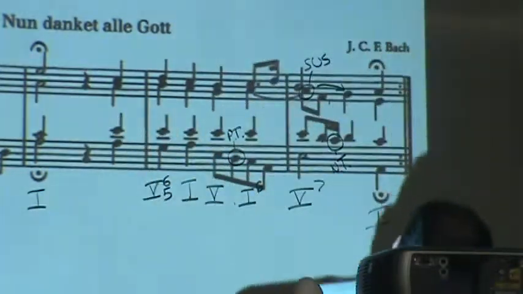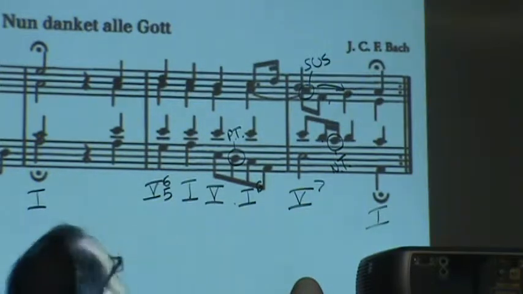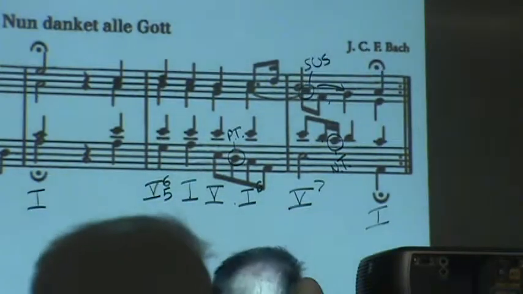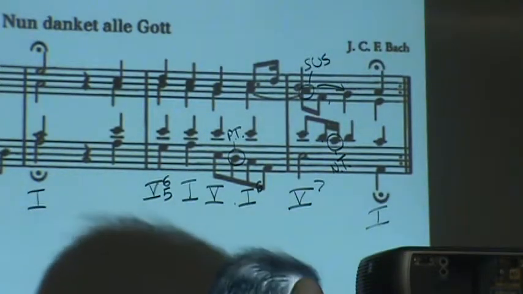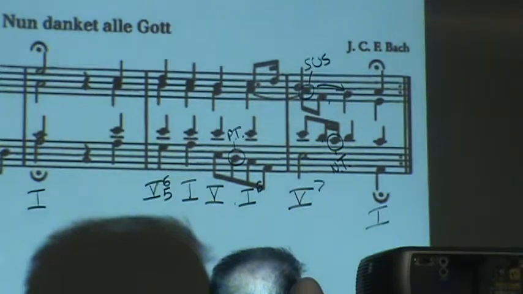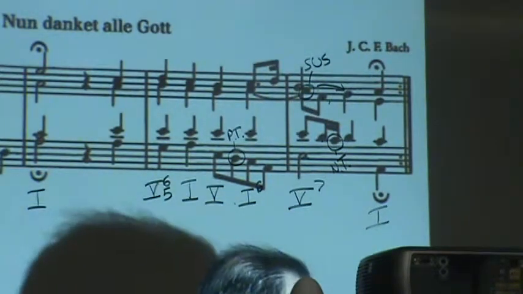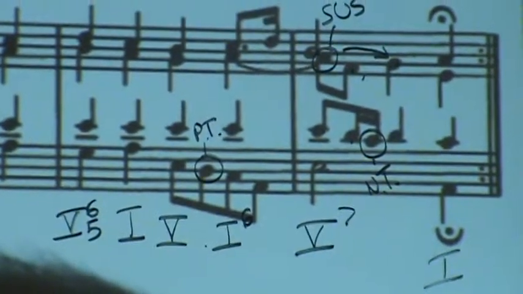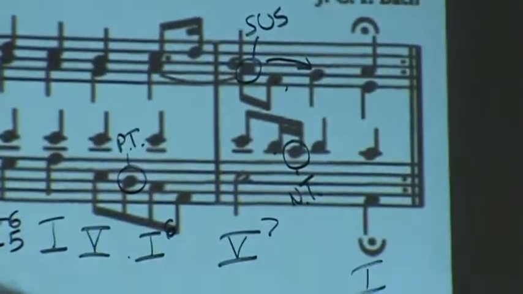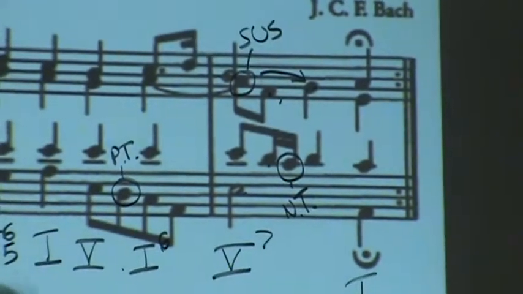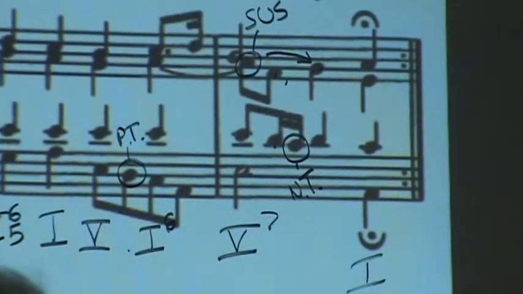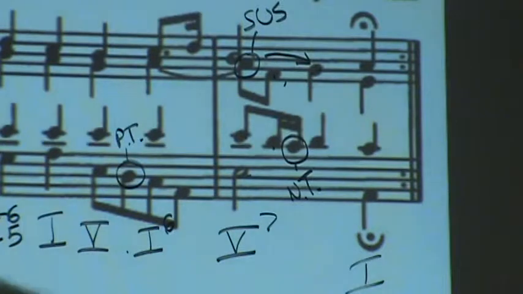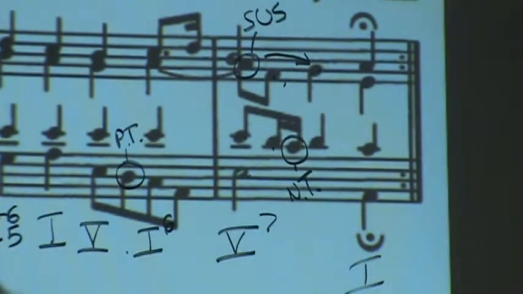So when that is ducking around, when we finally get to that last chord, we have this, and our resolution. But for that last one, there's a suspension, and then that ornamented resolution.